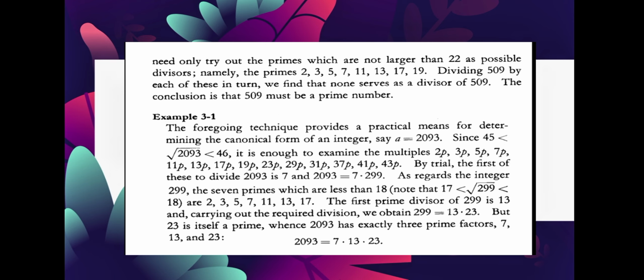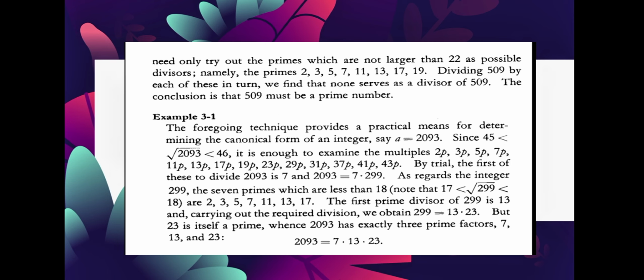By trial, the first of these primes to divide 2093 is 7, and 2093 = 7 · 299.